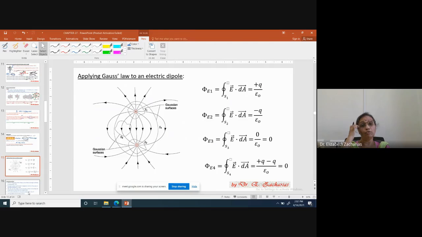Now to understand more about flux, let's consider an electric dipole. You can see there is a plus charge and a minus charge of equal magnitude, separated by a distance. In the previous chapter, we have seen how the field lines will look for a dipole.